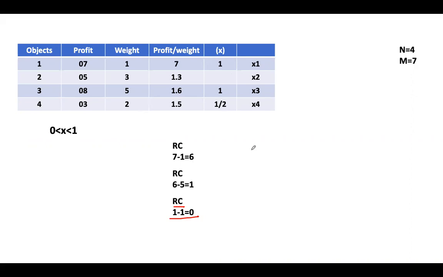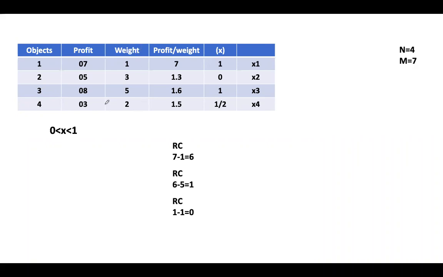Next thing is, object 2 will not be considered, so its value will be 0. As I said, the x value will range from 0 to 1. Either the object is considered or it isn't considered. Our task is to maximize this profit, with the constraint that only 7 kg has to be carried.